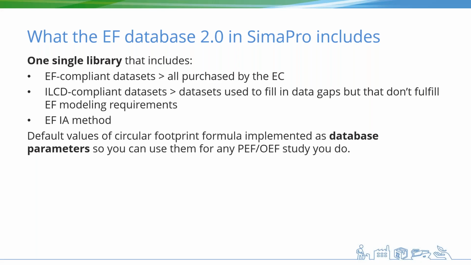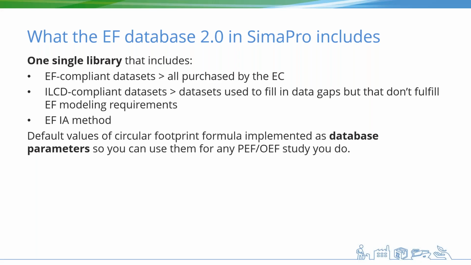It includes all EF compliant datasets that were purchased by the European Commission, because this was part of one big set of contracts where the Commission contracted different data vendors to supply the data necessary for the pilots running during the pilot phase. So these are all included.